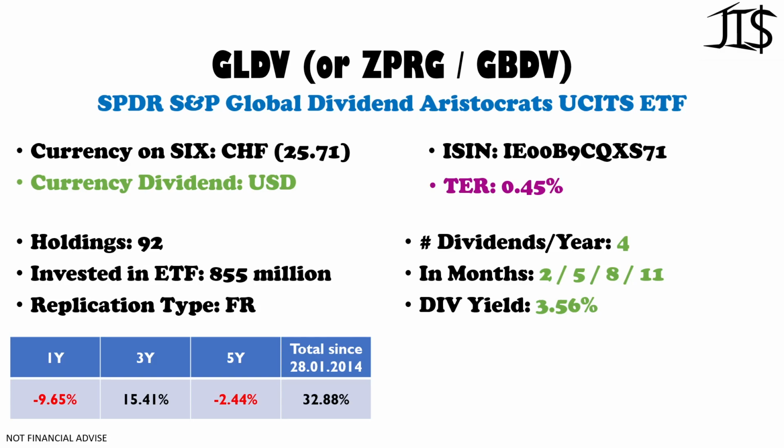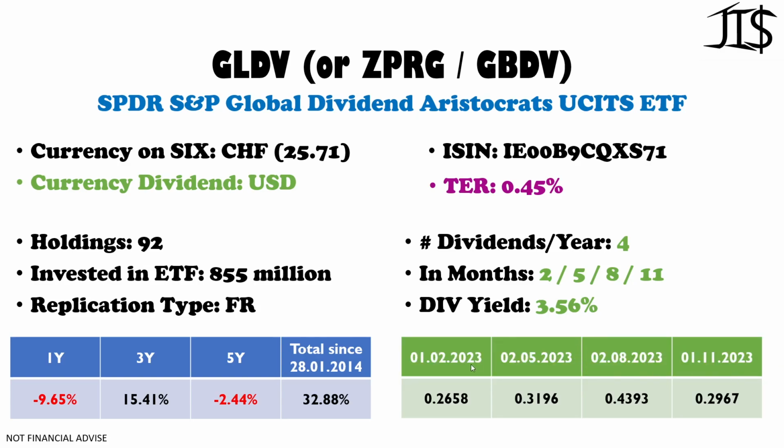Also 4 dividends in a year, but it's in February, May, August, and November. And the dividend yield is currently 3.56%. And again, these are the last 4 dividends that it distributed. And I must say, this is a really nice distribution over the year.